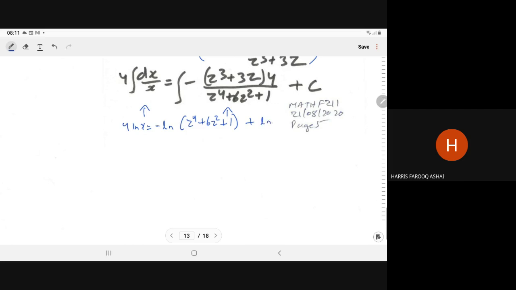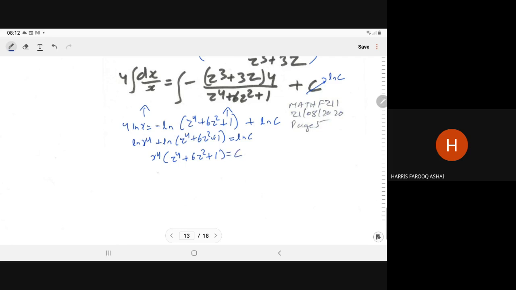If you take ln c instead of c, it will become ln of x to power 4 plus ln of (z to power 4 plus 6z square plus 1) is equal to ln of c, which can be written as x to power 4 into (z to power 4 plus 6z square plus 1) is equal to c.